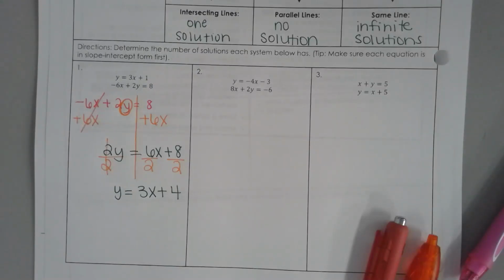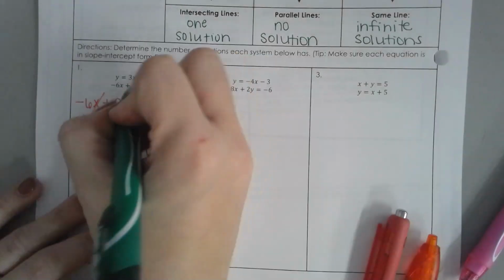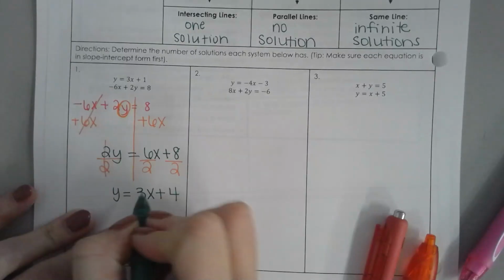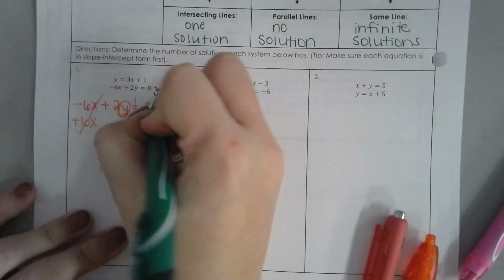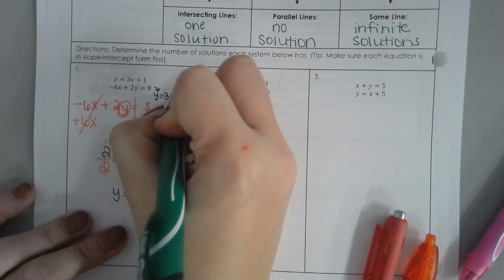It always starts off so simple like this. We had one equation that was y equals 3x plus 1, and this other one is the same thing as y equals 3x plus 4.